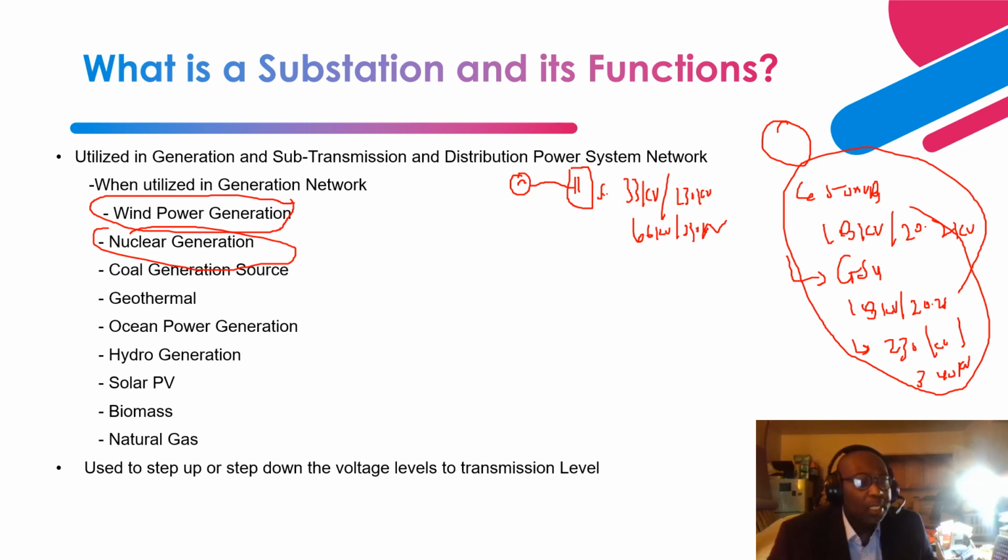Next is a cogeneration source. This generation power facility generates power utilizing coal that is pulverized and burned in a boiler. The boiler has a fire inside, and it burns the pulverized coal. On the walls of the boiler, you have water flowing throughout all the walls.